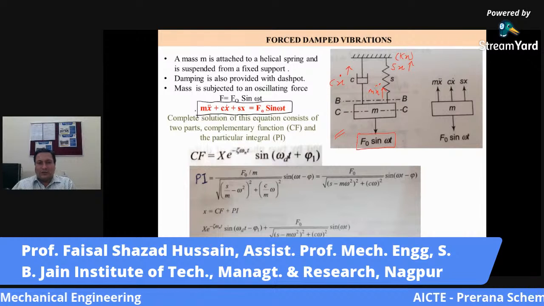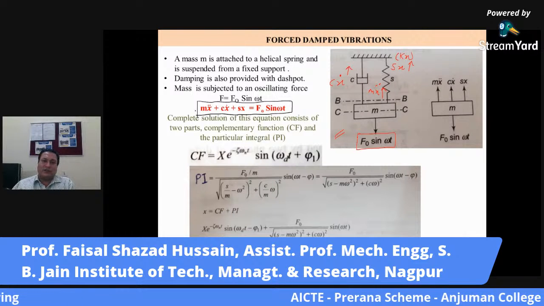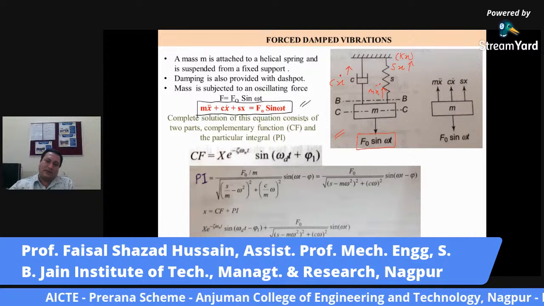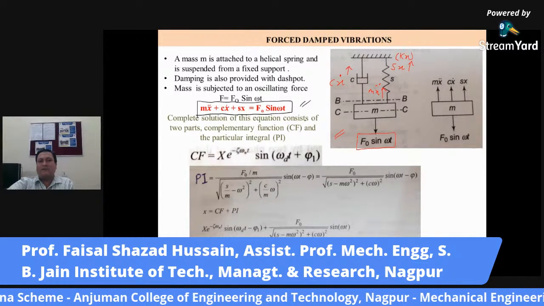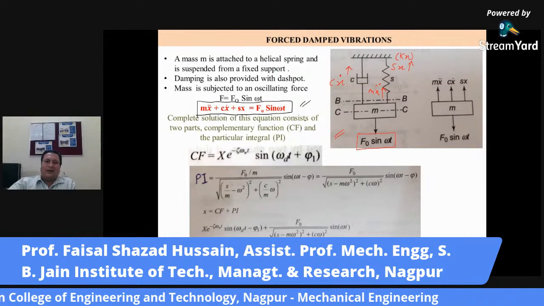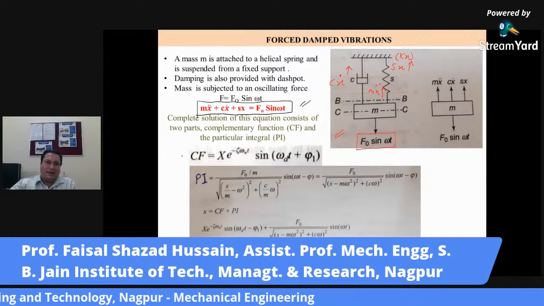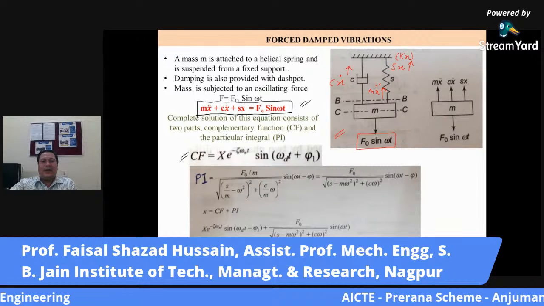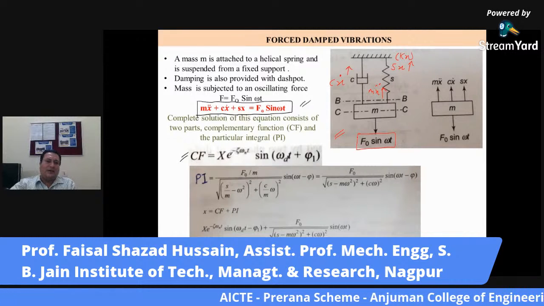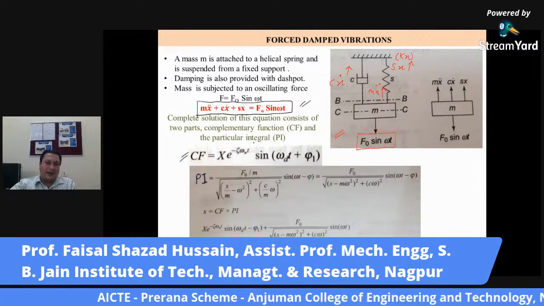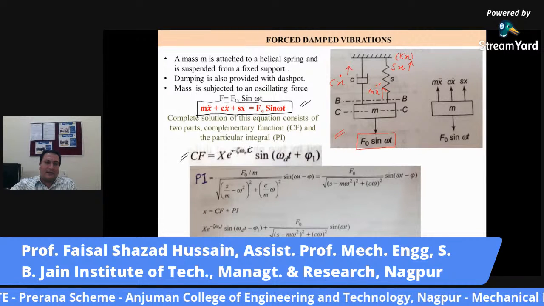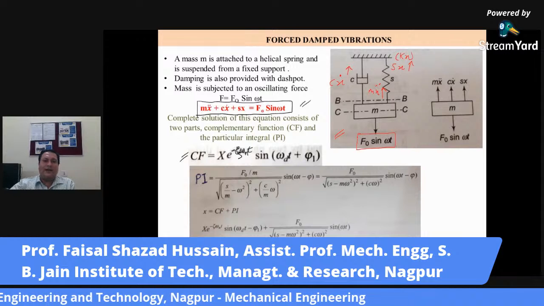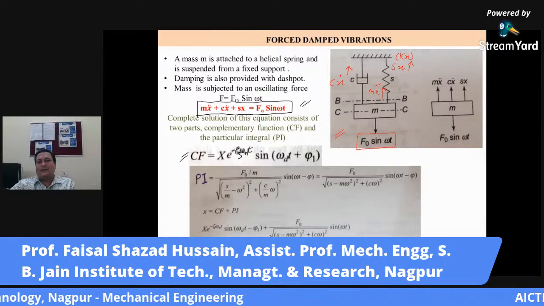So when we solve the above equation, that is mx double dot plus cx dot plus sx equal to Fo sin omega t, the complementary function will be CF equal to amplitude X e raised to the power minus zeta omega n t sin omega d t plus phi 1.